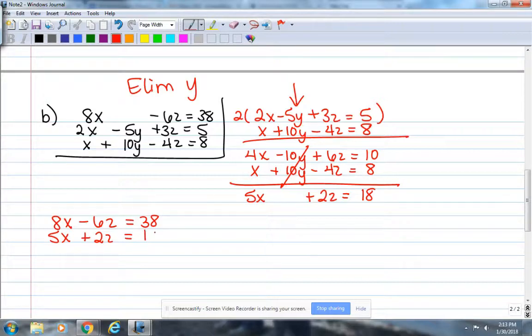And I think I want to eliminate my z's. So if one of them is negative 6z, what cancels out with a negative 6z? Positive 6z. So how do I make my second equation a positive 6z? Multiply it by 3.